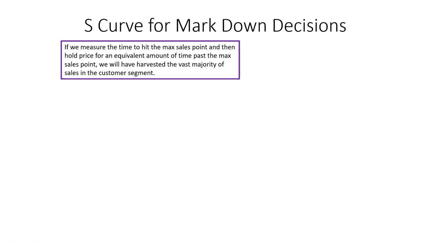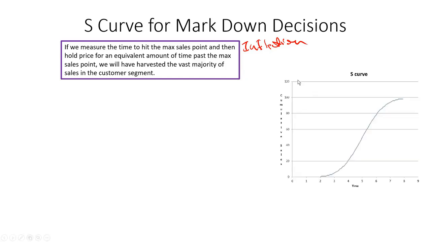If we measure the time to hit that maximum sales point, which we also said is called the inflection point, if we measure the time from when we start selling to when we hit that maximum sales point, and then hold our price for an equivalent amount of time past the maximum sales point, we'll see that we have harvested the vast majority of the sales in that particular customer segment.